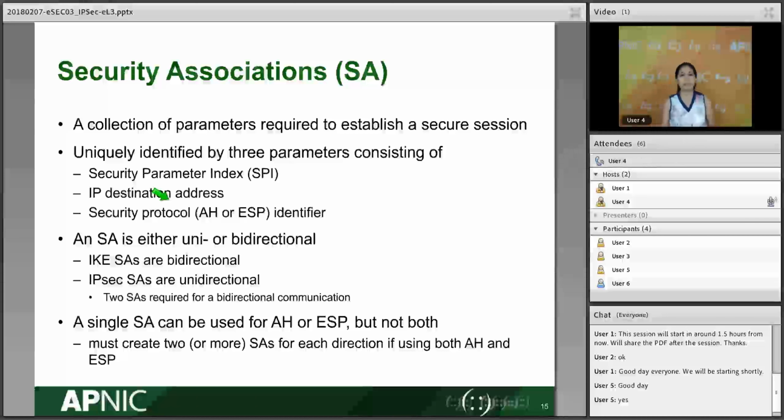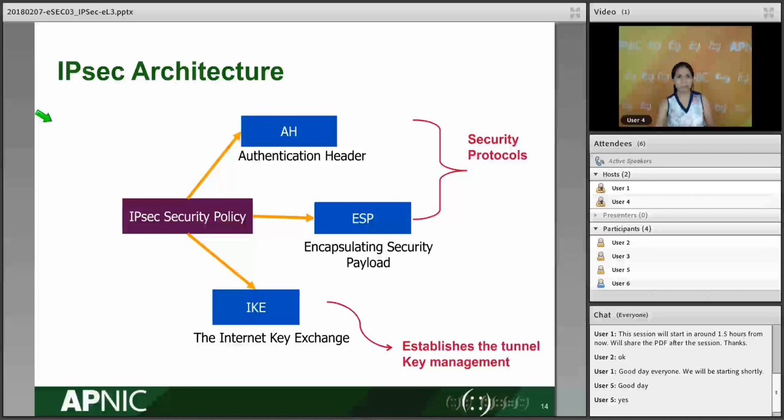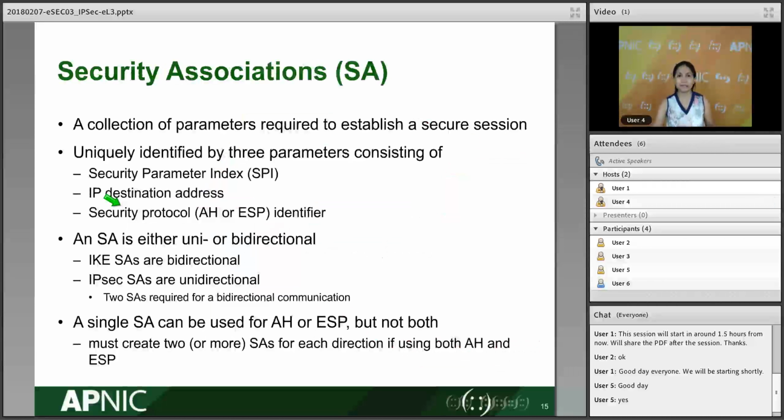Now related to that is security association. So an SA is a collection of parameters required to establish a secure session. When I described in the previous slide how they establish that connection, they actually use these parameters, and these parameters are saved in what we call security associations.